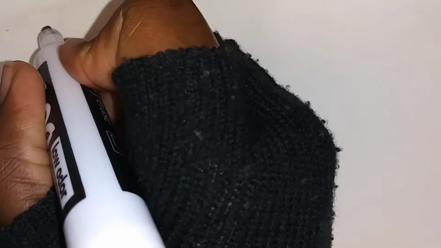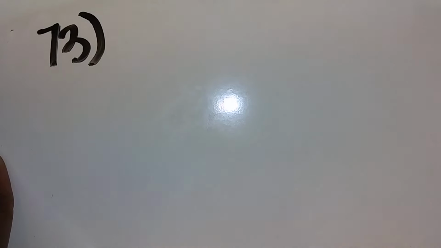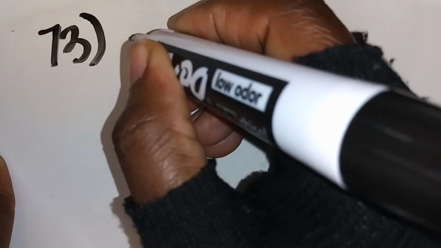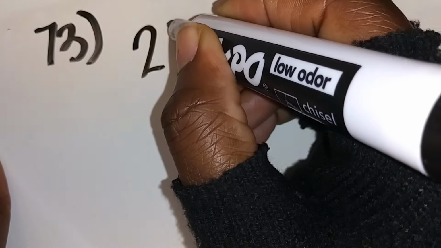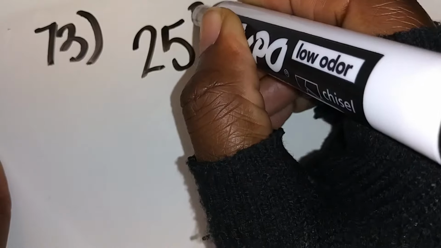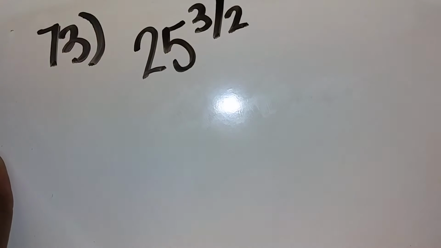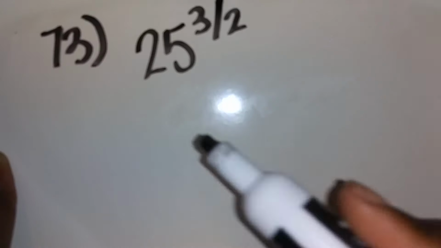Number 73. Simplify each expression if possible. So for number 73, I have 25 to the 3 over 2. Now this is where we're going to see our radicand has more than one part. So we're going to see that in a minute.